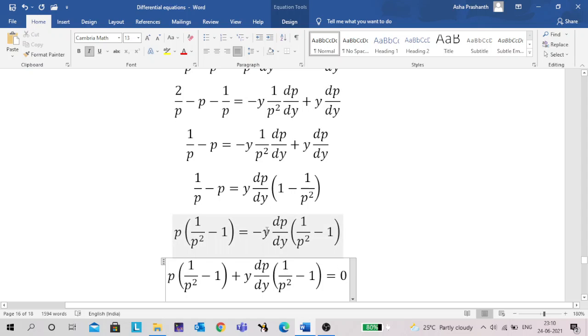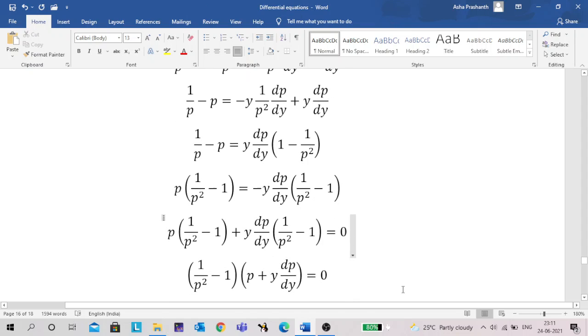So I'll get this negative becomes positive. Okay. You see these terms are constant here. Okay. 1 by p square minus 1 and 1 by p square minus 1 is the common term. I'm writing one time. So next remaining term is p here and plus y into dp by dy is equal to 0.